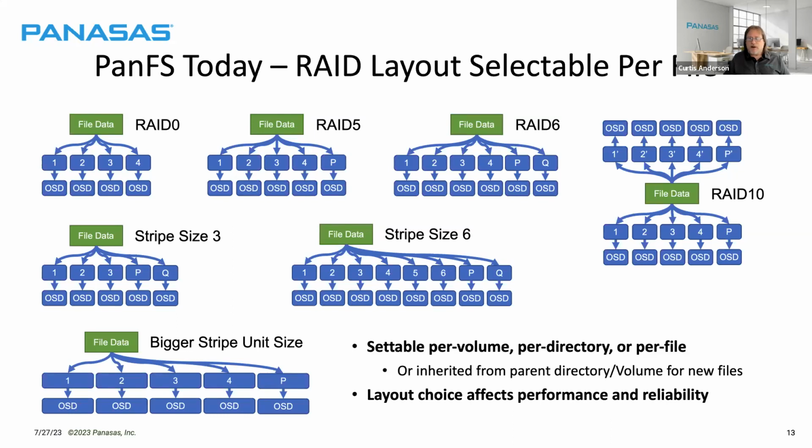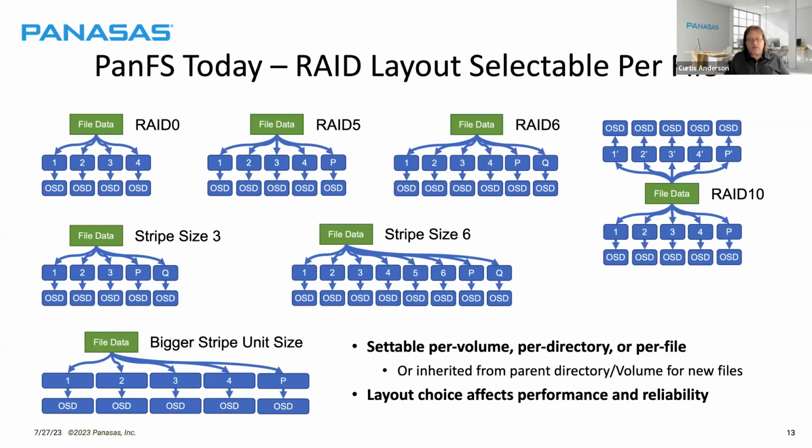RAID 5 is a little bit better at writes in the middle of a file. RAID 10 is especially much better at writes inside the middle of a file. So you seek out, you do a little overwrite, and then you keep going. You can change the stripe size, meaning 3+2, or 6+2, or up to 20, 25, whatever.